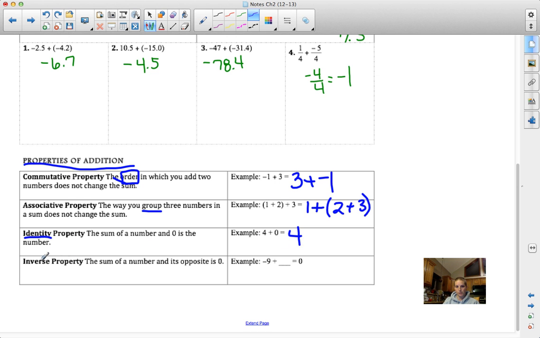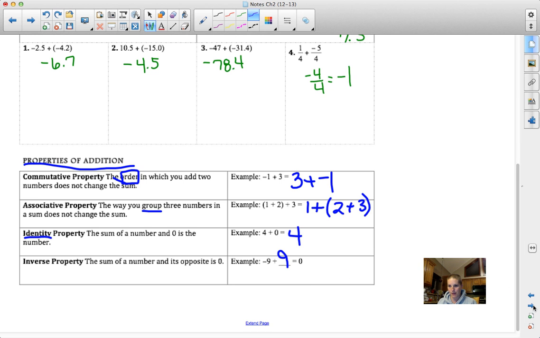The inverse property of addition: the sum of a number and its opposite is 0. So when I see negative 9 plus positive 9, I know I should get an answer of 0. Those are our 4 properties of addition.